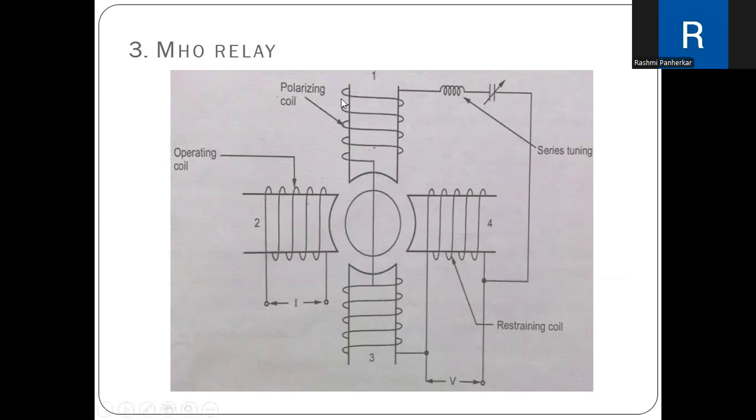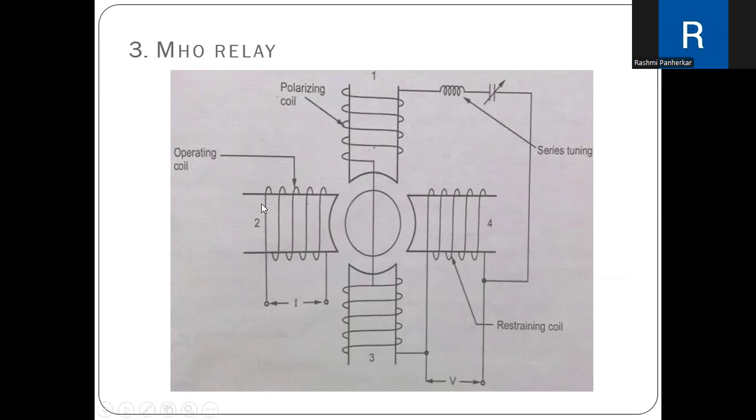So this is the structure of the relay. When a fault occurs and we measure the impedance, if the impedance is lesser than the impedance at the final point, then it is considered that the fault exists on the line between the relay and the final point. The interaction of the fluxes due to pole number 2, pole number 3 and pole number 4.